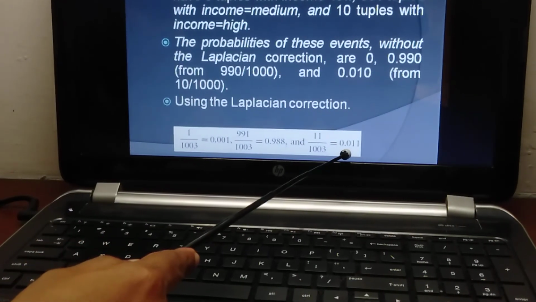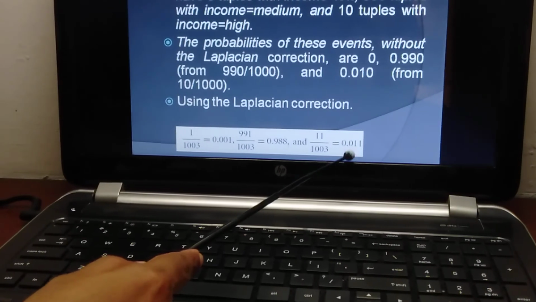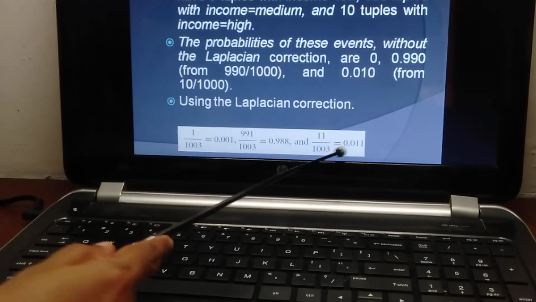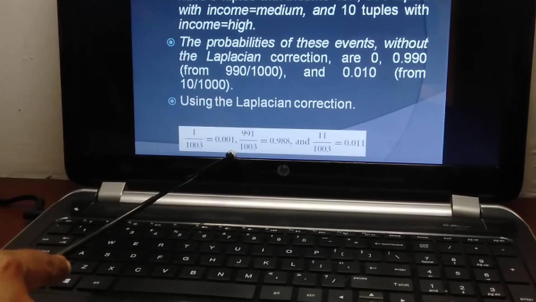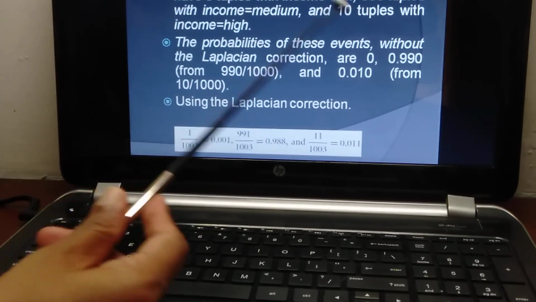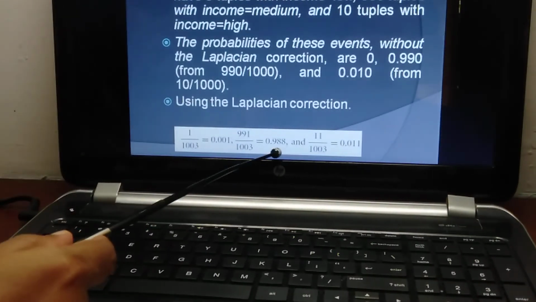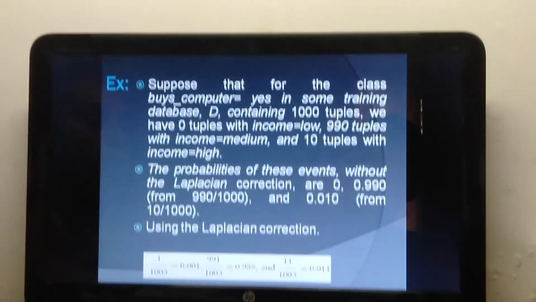Okay, and instead of 0.010, it has become 0.011 for income is equal to high. These values will be used to calculate the Bayesian values. That will give us better results than giving 0 for income is equal to low. Okay, this is Laplacian correction. With this, we are finishing module 3.